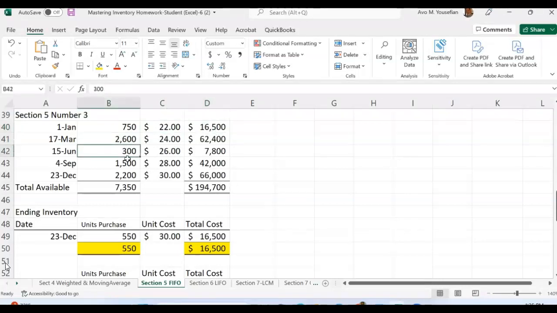But we purchased 4 more times at different prices, and those are the dollar amounts, and then we add them up, and available is 194,700 and 7,350 units.